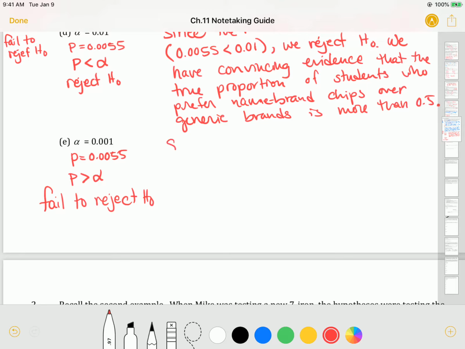So we're going to start off by saying, since the p-value is greater than alpha, so instead of being less than alpha, it's greater than alpha, and then we're going to show our evidence. 0.0055 is greater than 0.001. Instead of saying we reject H0, we're going to say we fail to reject H0.